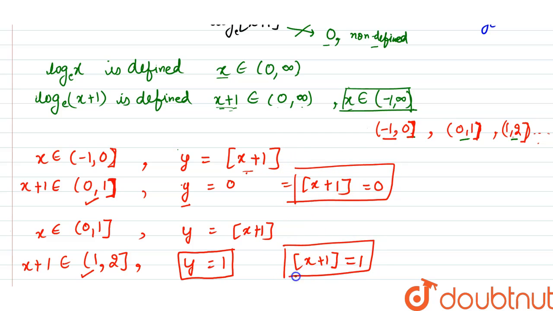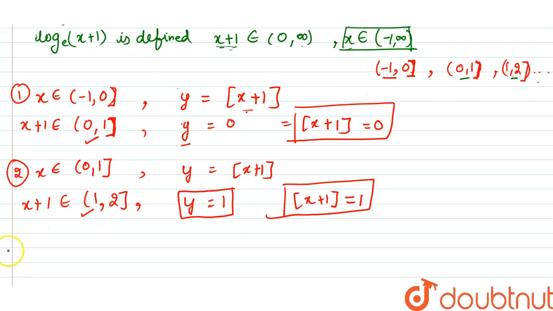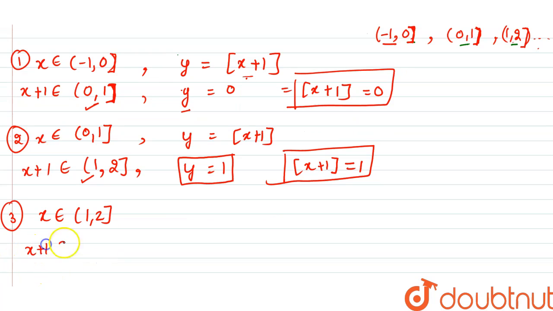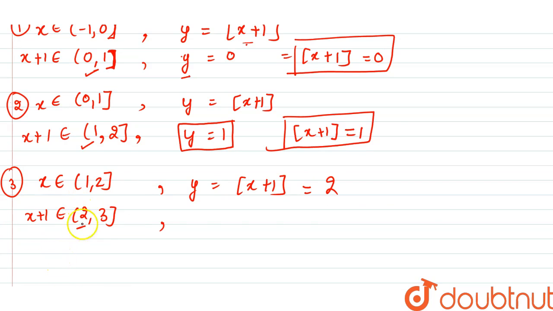This is the first interval, this is the second interval. Now for the third interval, x belongs to 1 to 2. So x plus 1 will belong to 2 to 3, and the greatest integer value of x plus 1 will turn to 2, because 2 is the nearest lower integer. So we can see that on a similar basis, we will be getting 1, 2, 3, 4 and so on.